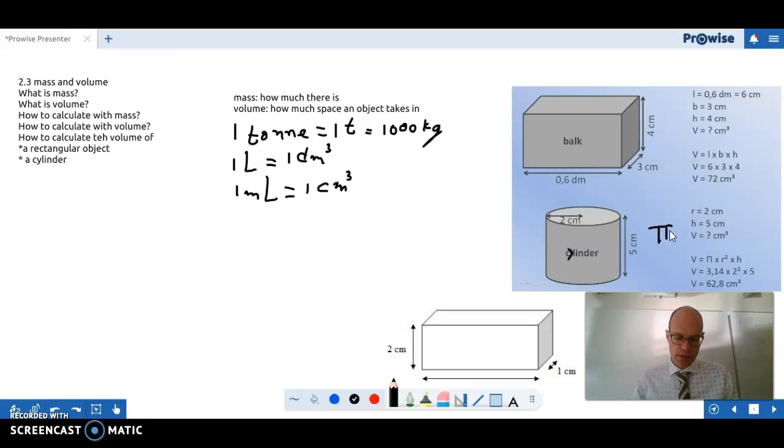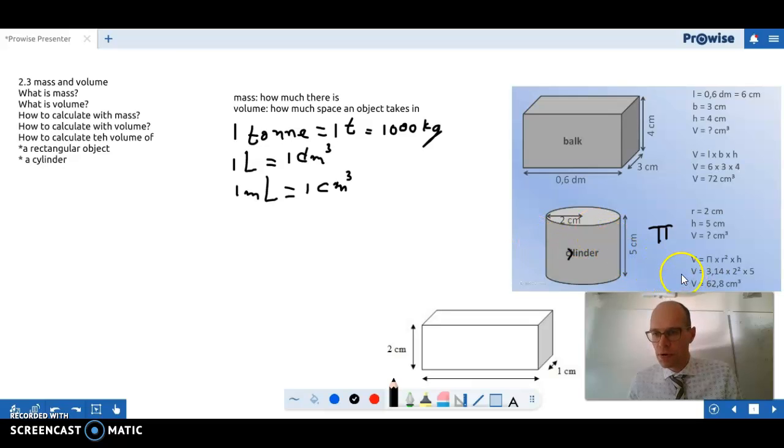If you press it, you get pi, and you get something that starts with 3.14 and lots of decimal places. Pi is simply a very special number, and your math teacher will tell you all about it. And if we also multiply with the height, then you simply get the volume of the cylinder.